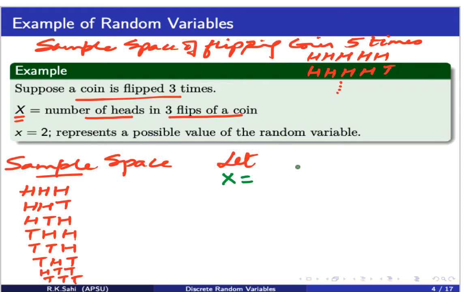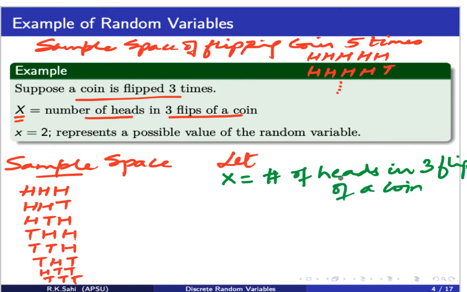I say, let X be the number of heads in 3 flips of a coin. So when you have 3 flips, it's the number of heads appearing.